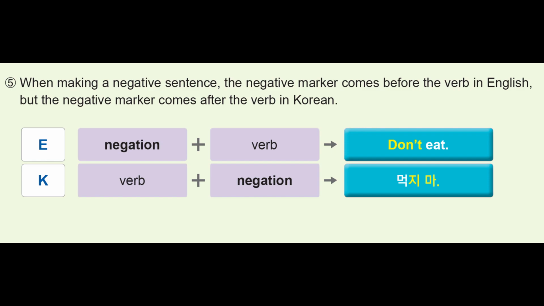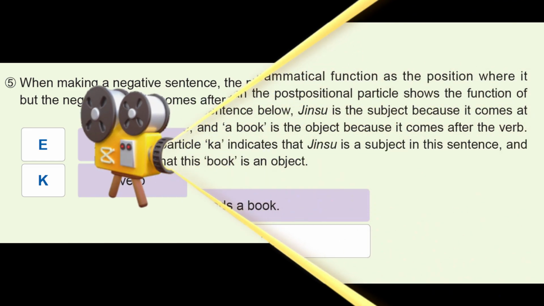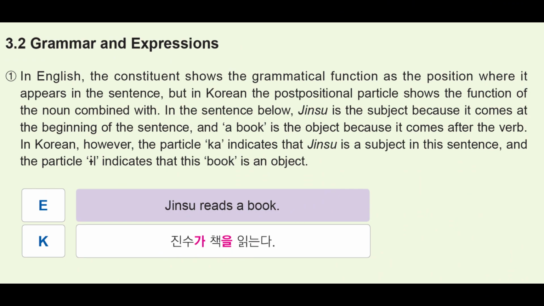Now that we talked about phonics and grammar, you're already almost a linguist. But there's one more important part we need to go over. 3.2 Grammar and Expressions. Number 1. Not only does Korean have markers that show which word the subject is, it also has markers for the object as well.